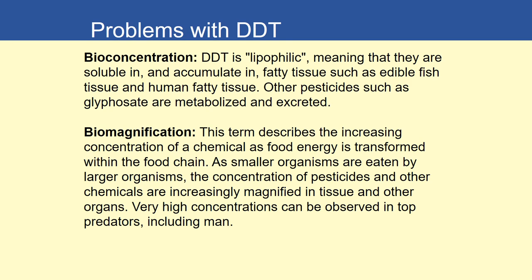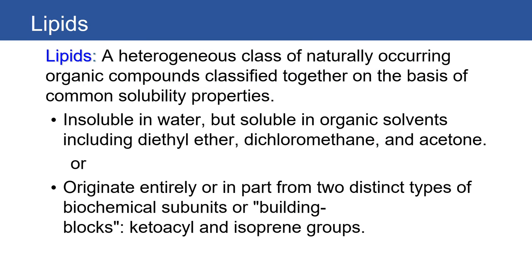Other pesticides we use, such as glyphosate, Monsanto's Roundup, which is very common, are metabolized and excreted, and the concentration is not felt because it's just redistributed. The other problem is biomagnification, meaning it concentrates in our food supplies. As we get to the end of the lecture, we'll talk a little more about DDT. But let's get into the lipids and why lipids are important.